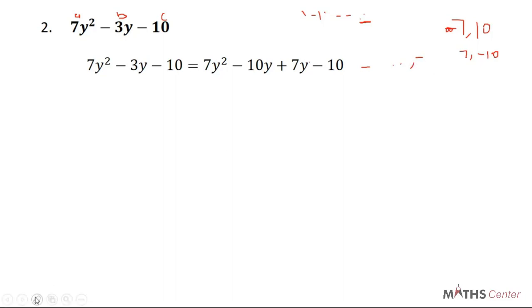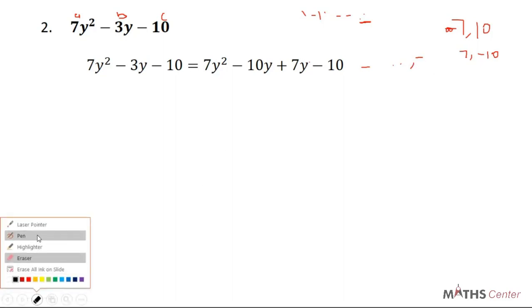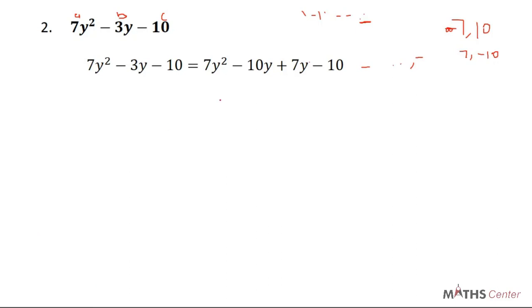You are going to replace negative 3y here with negative 10y plus 7y. So you are going to have 7y squared minus 10y plus 7y minus 10.